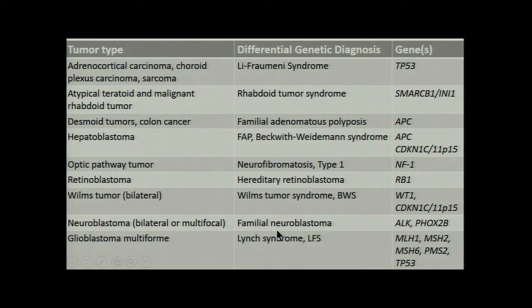Lynch syndrome is caused by heterozygous mutations in mismatch repair genes MLH1, MSH2, MSH6, and PMS2. Of note, there's also a different syndrome caused by homozygous mutations in these same genes called constitutional mismatch repair deficiency, where you can also see brain tumors very early on. And GBMs can be associated with Li-Fraumeni syndrome.